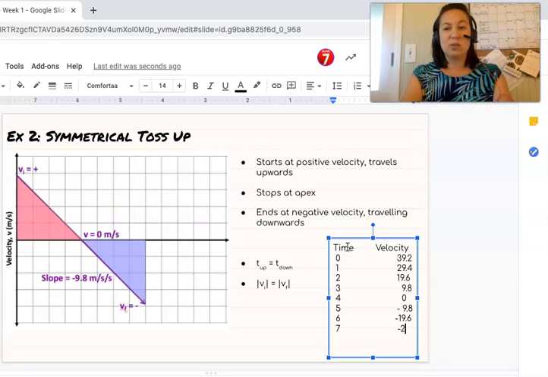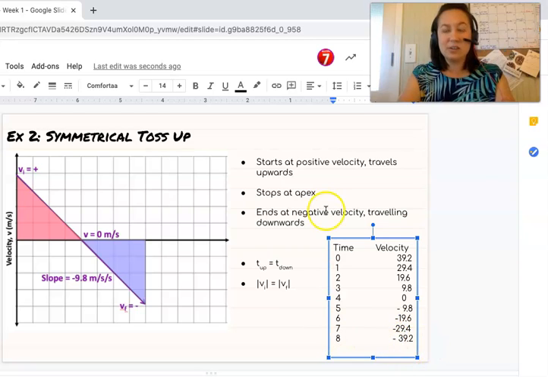If it took 4 seconds to reach the apex, I expect that at 8 seconds it should have that same velocity that it started with, but negative. By the 8th second, notice that my velocity is negative 39.2.